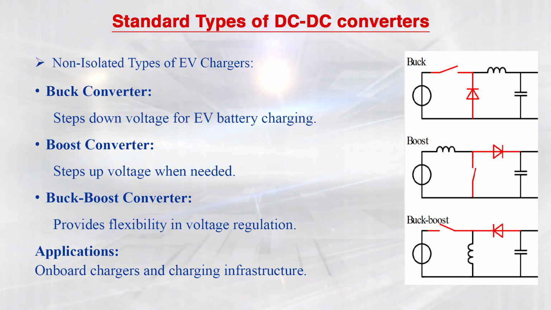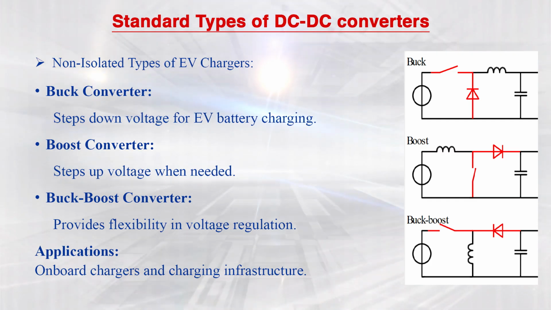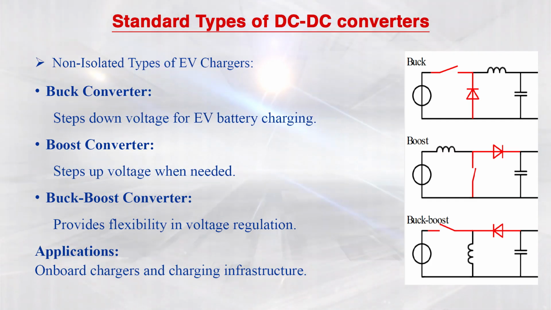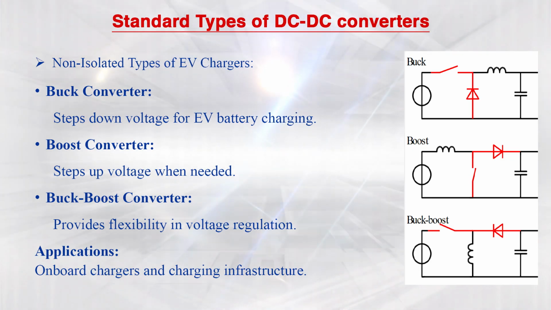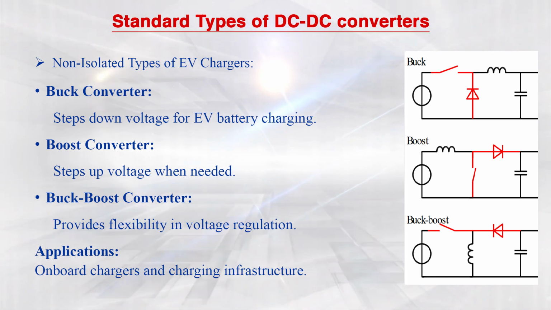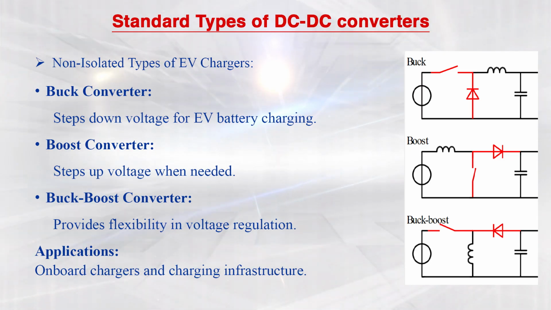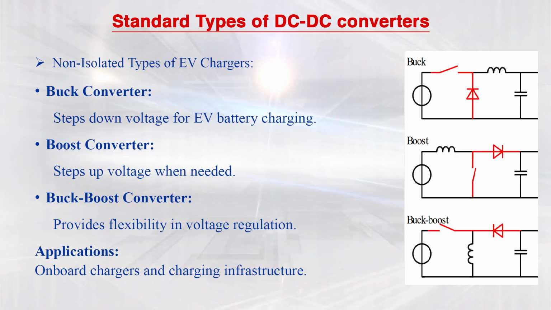In the buck boost converter, the switch is in series with the input, then one inductor, and the diode is connected. In all three units we have a capacitor which is utilized to mitigate the ripple in the voltage.